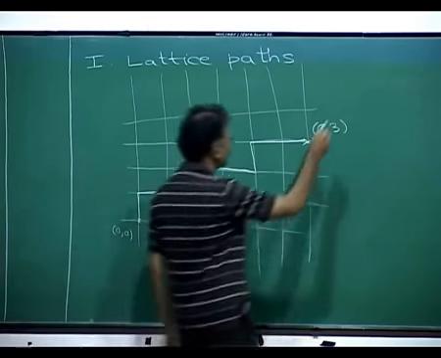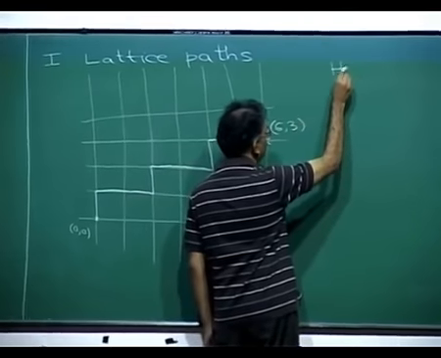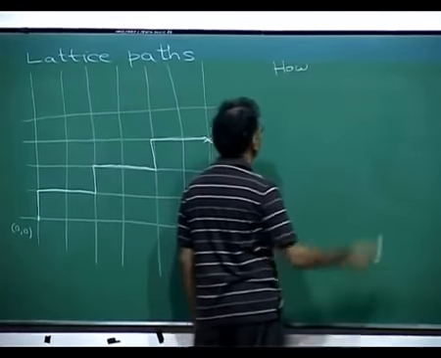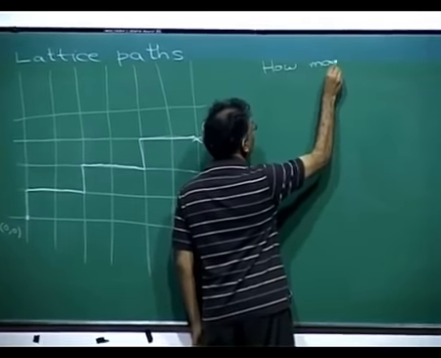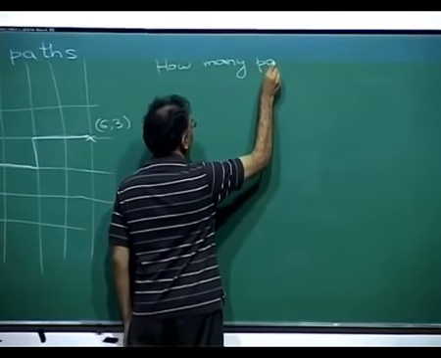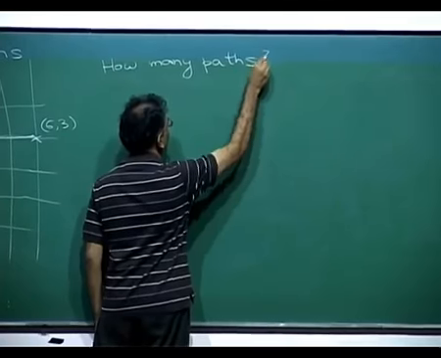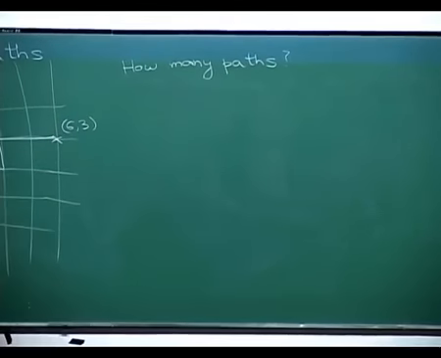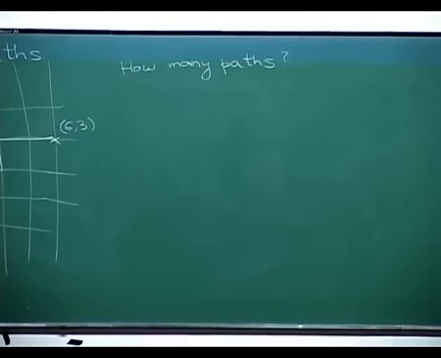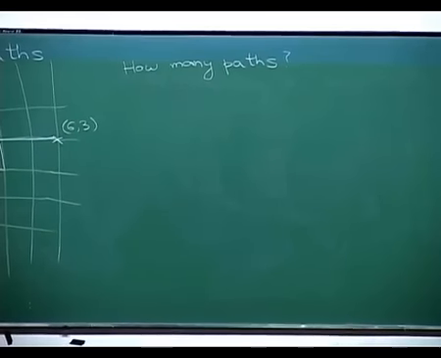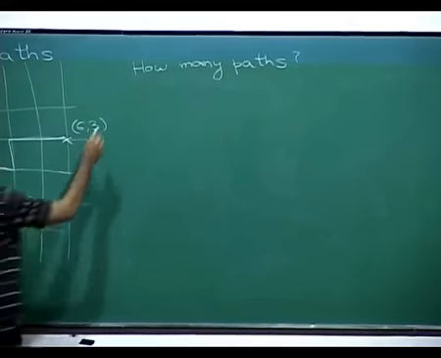This is a very basic problem. I am sure you have also seen this in your textbooks as an application of binomial coefficients. In order to answer this question, we encode these paths by strings. We represent each path as, say, up, right, right, up.